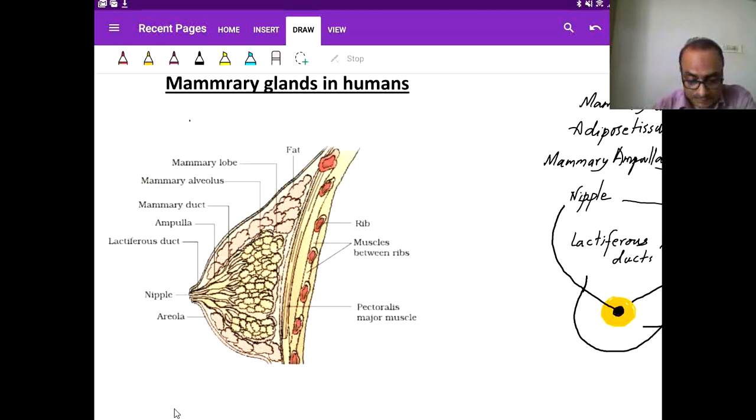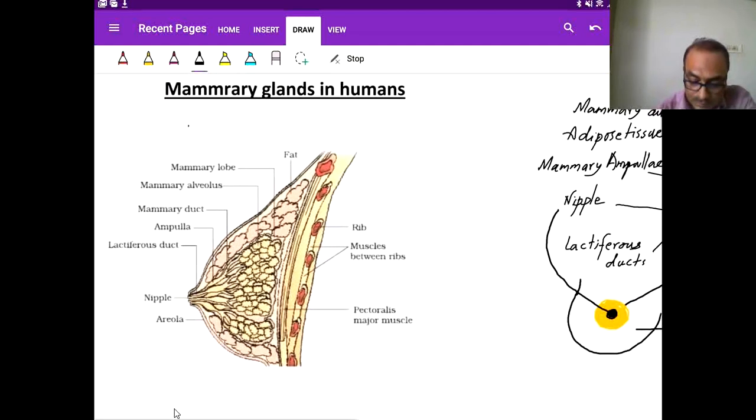Basically, the human mammary gland is divided internally into 15 to 20 lobes. We call them mammary lobes.